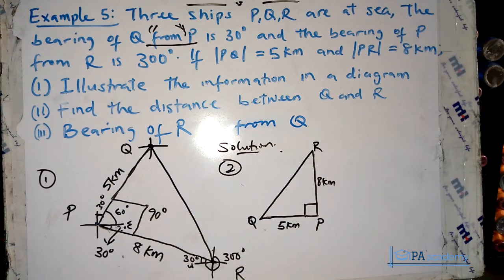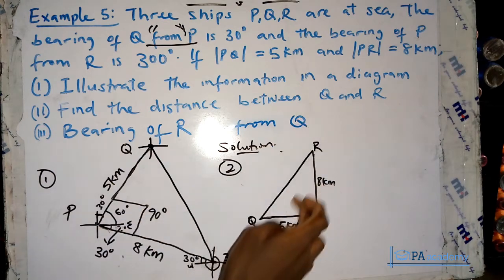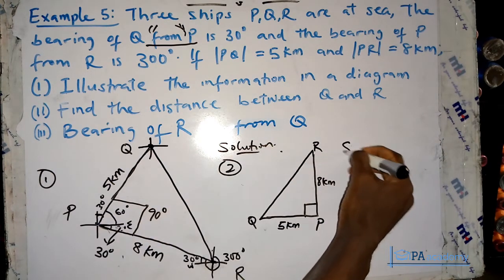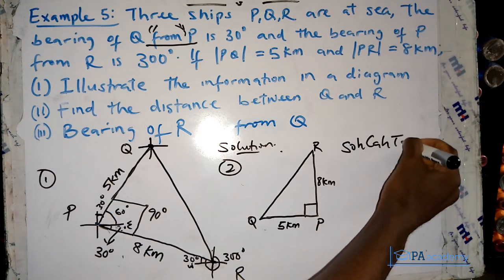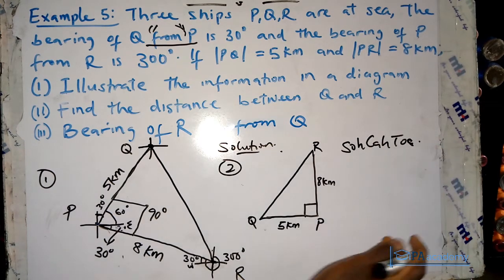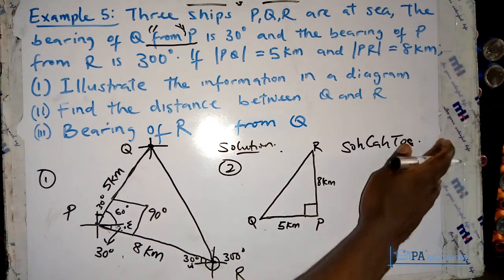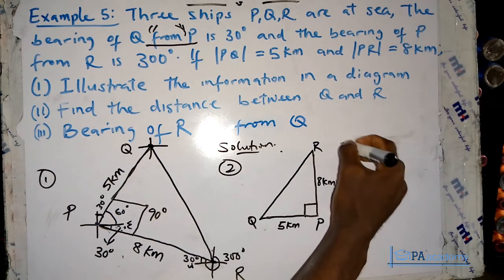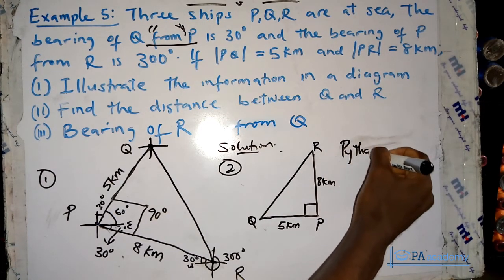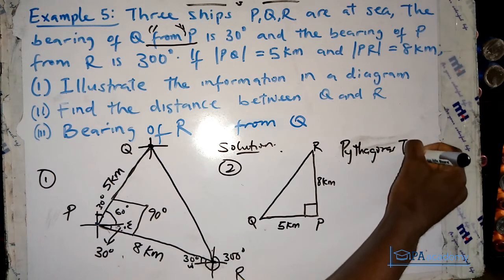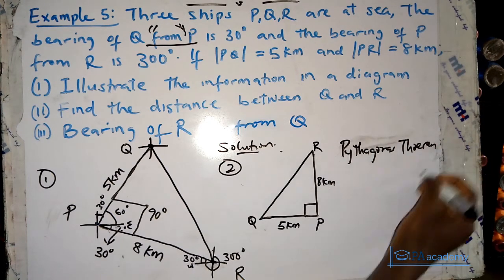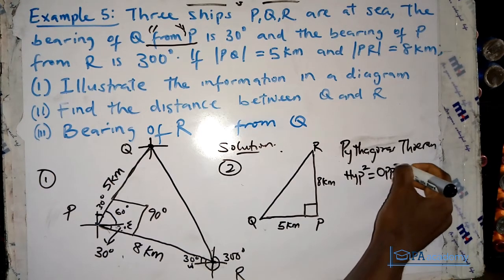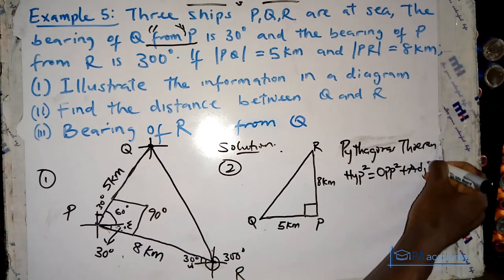So with this now, we should find the distance between Q and R. For us to get the distance between Q and R, we can easily apply the Pythagoras theorem, which is hypotenuse square is equals to opposite square plus adjacent square.